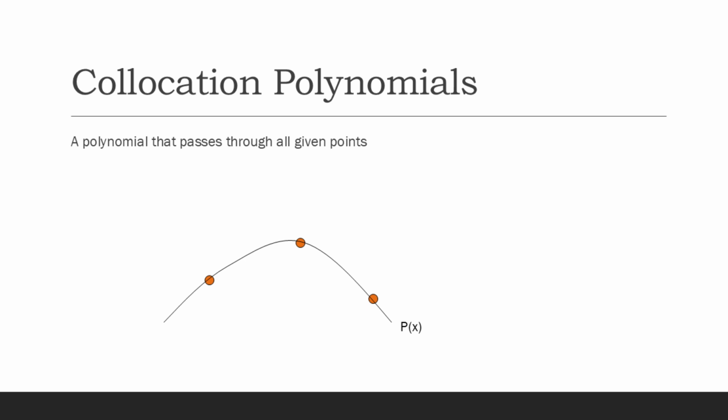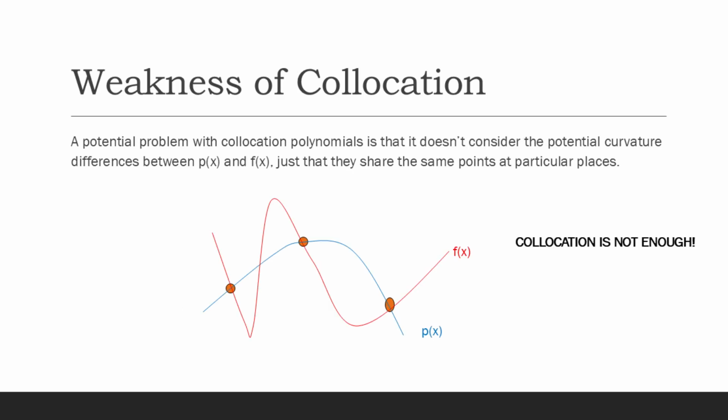It's a polynomial that passes through all given points. However, passing through all of the points does not necessarily mean that it is a good approximation of the underlying and unknown function, because it doesn't consider the potential curvature differences between p of x and the unknown function f of x, just that they share the same points at particular places. So collocation is not enough.